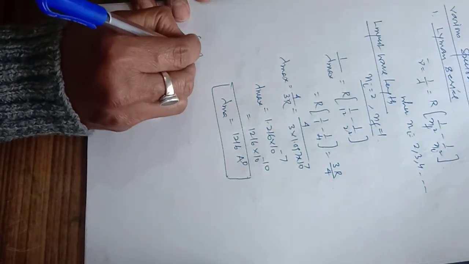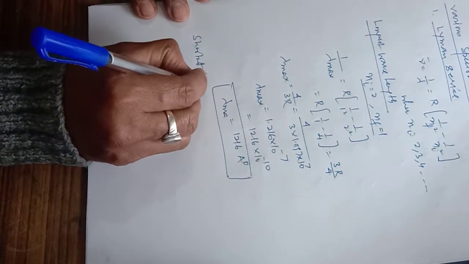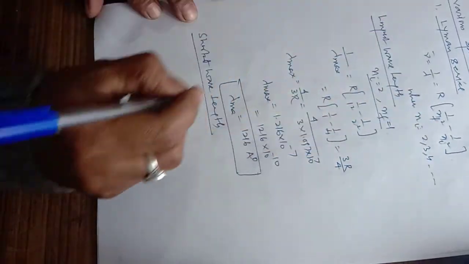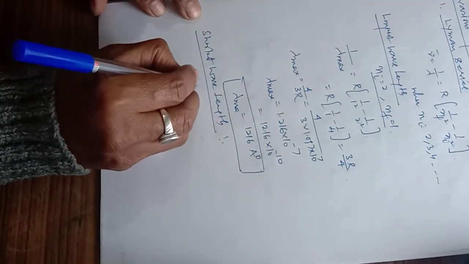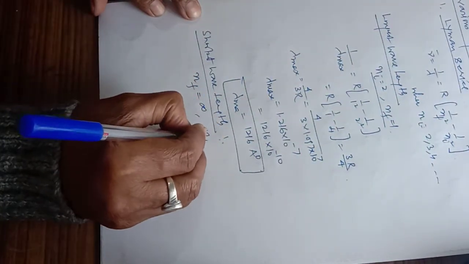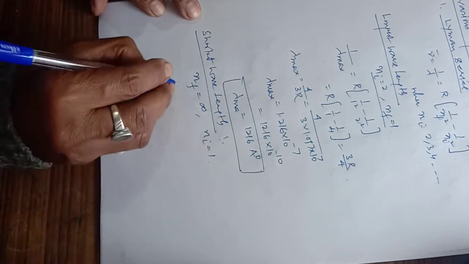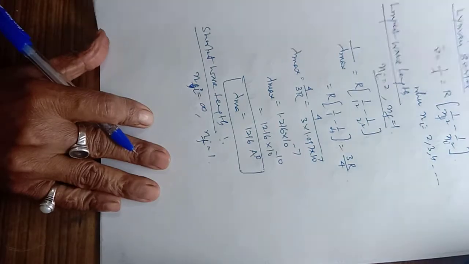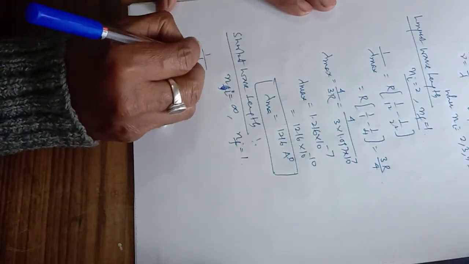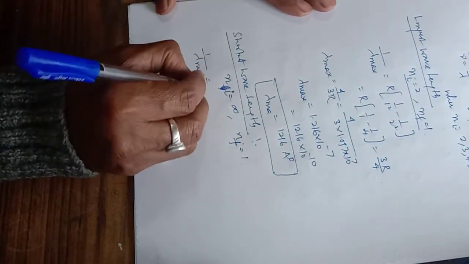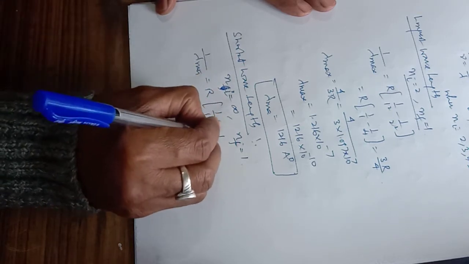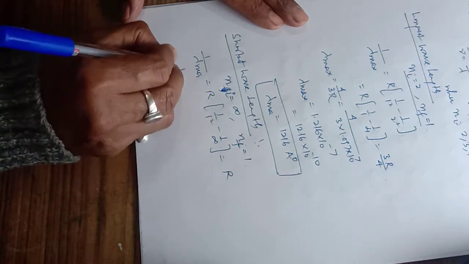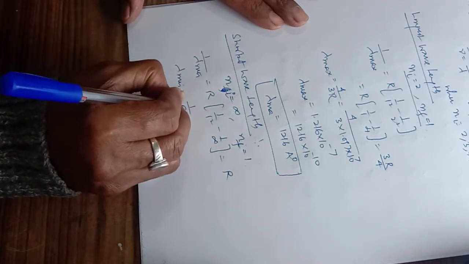Now the shortest wavelength for the Lyman series. So the shortest: ni is equal to infinity, and nf is equal to 1. So 1/λ minimum is equal to R(1/1² − 1/infinity), that is equal to R. So λ minimum is equal to 1/R.